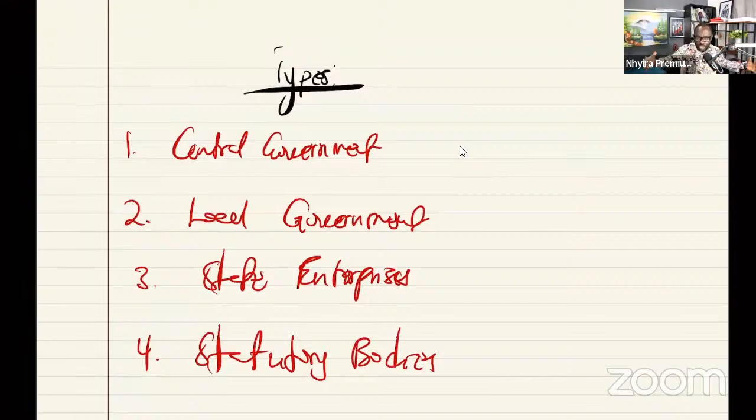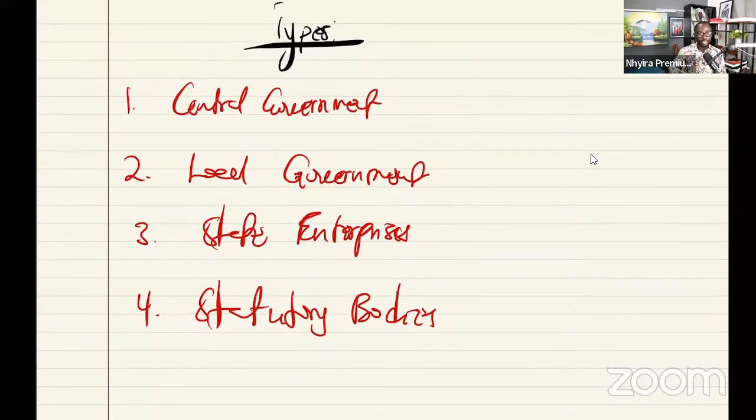So all the institutions that have been established to run the affairs of the country can be categorized into these 4 areas. Now, when we talk about the central government, it deals with issues relating to the executive arm of government, the legislature, parliament, and various other constitutional bodies like the Electoral Commission.